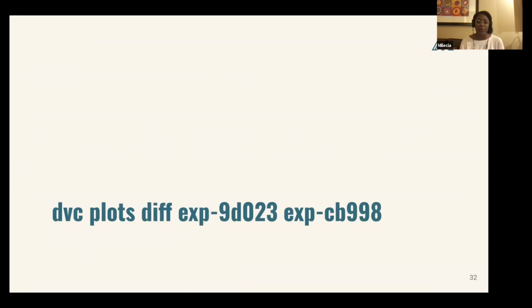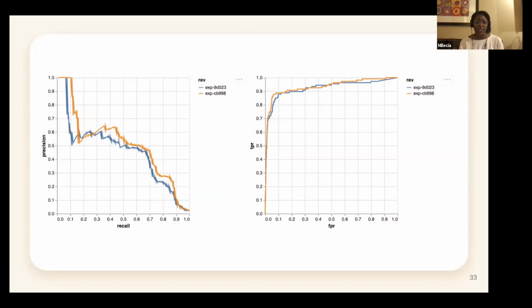So we'll take them this plot that has an experiment from one of our previous runs, and it has an experiment from today. So we look at these and we definitely see there's a decent difference between them. So you'll talk with your team, figure out which direction you want to go, and then just continue running these experiments.